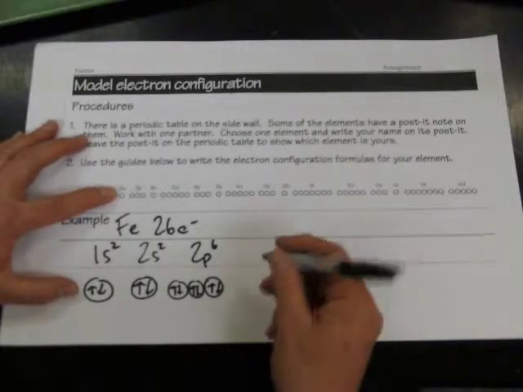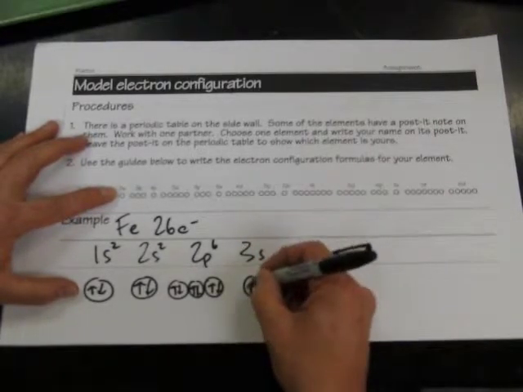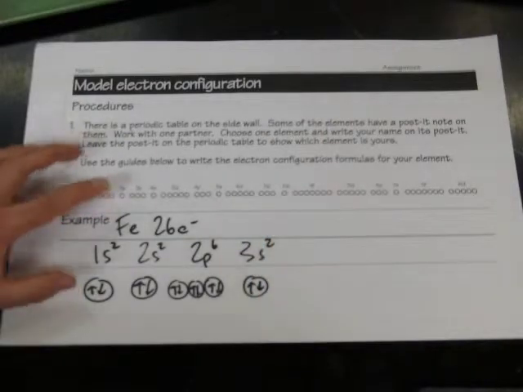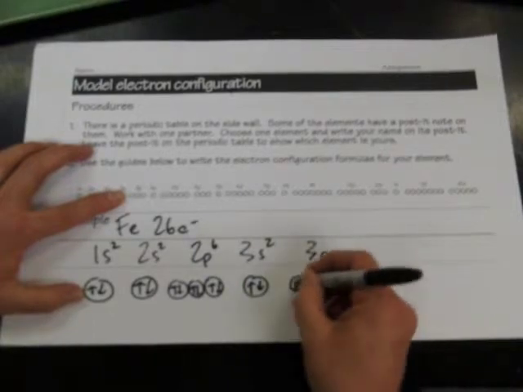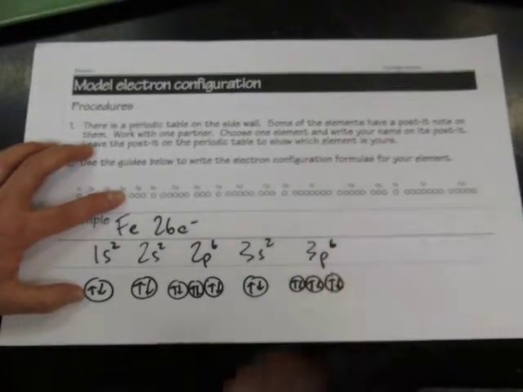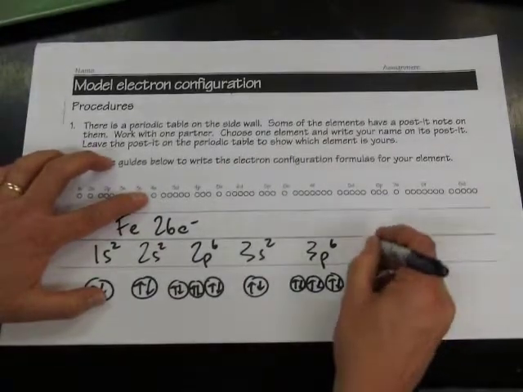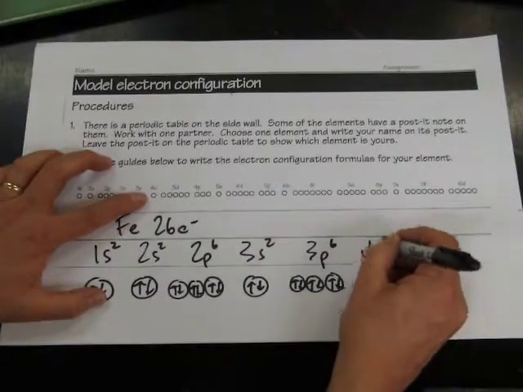And then the next orbital is 3s. There's 1 orbital, and I can have 2 electrons, 3s2. Then 3p orbitals, there are 3 of them. And then I can put the next electrons in those electron orbitals, 3p6. And then 4s, there's 1 of those orbitals with 2 electrons, 4s2.